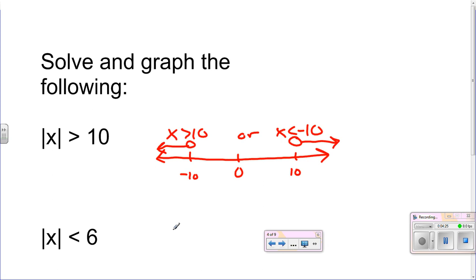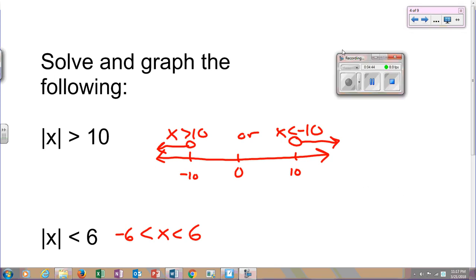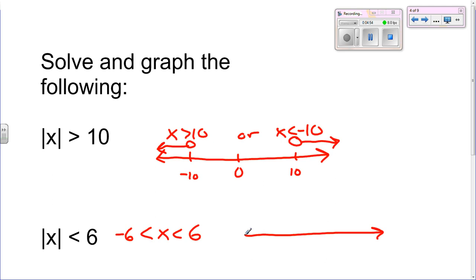This is a less than, so it's just an and question. With ands, remember that they're going to be shading in the middle. So if that's 0, 6, and negative 6, open circle goes this direction up to negative 6 and stops.